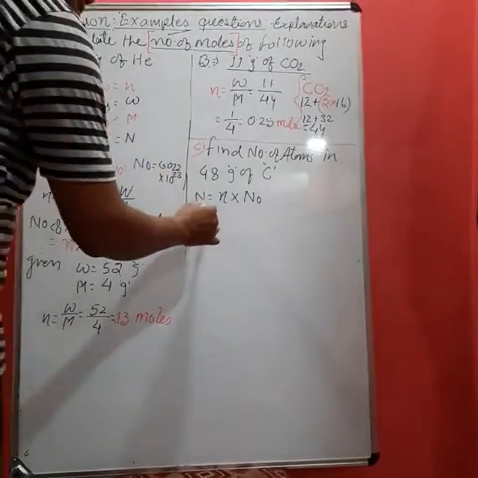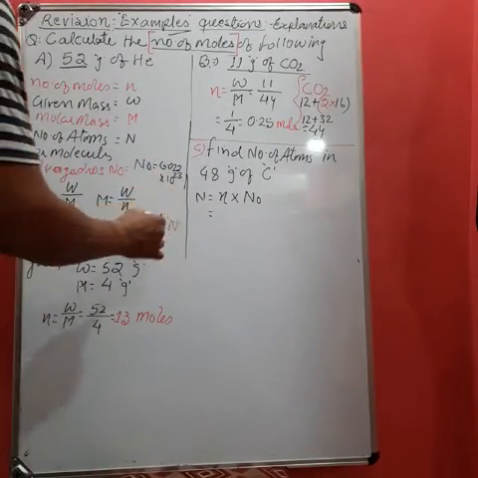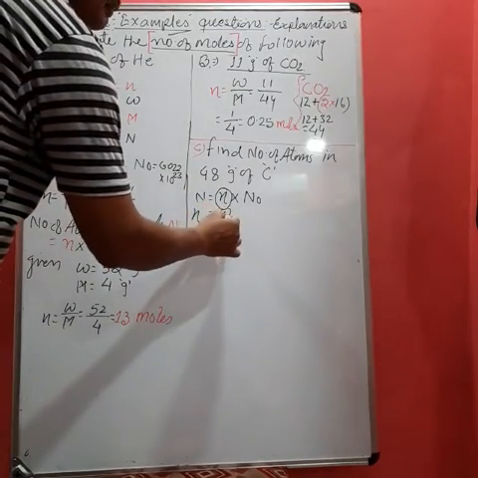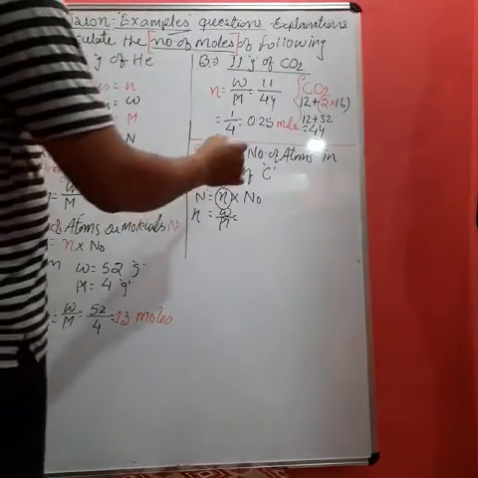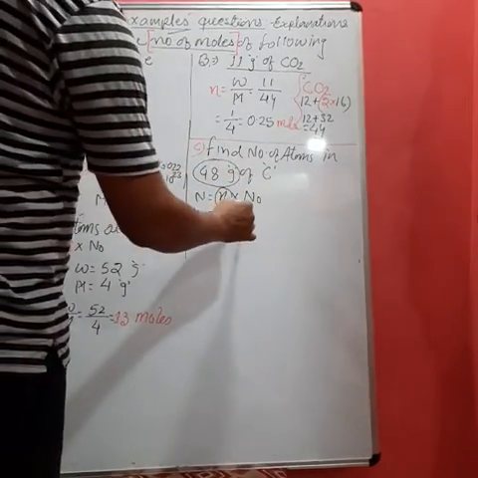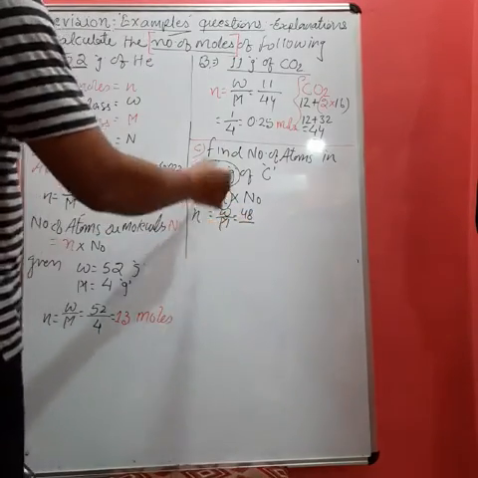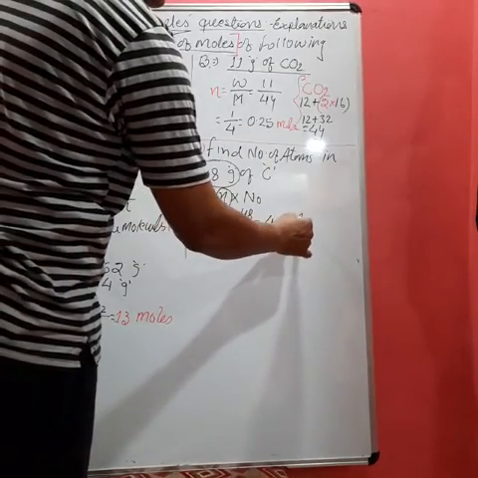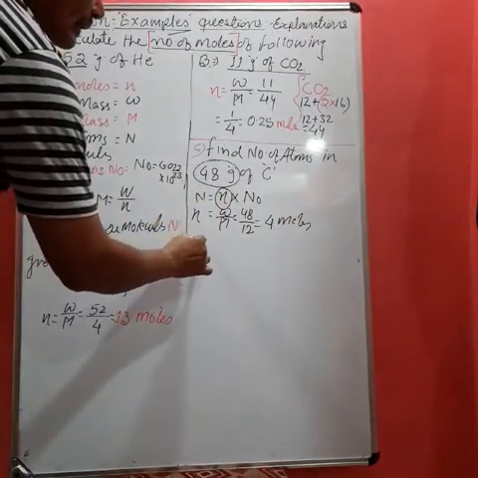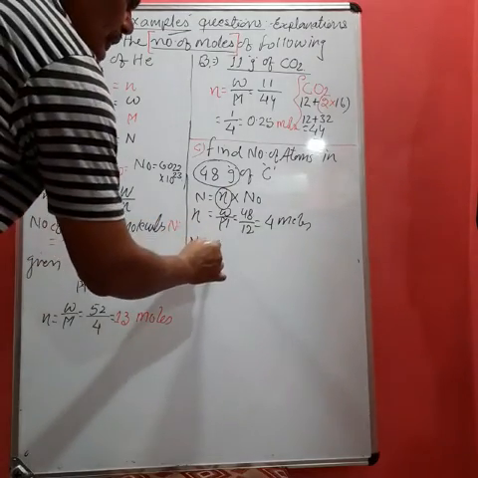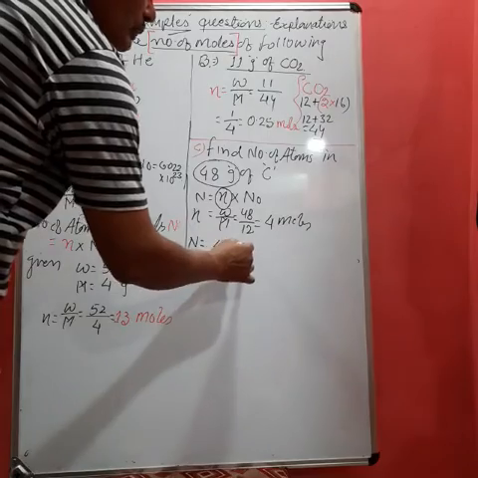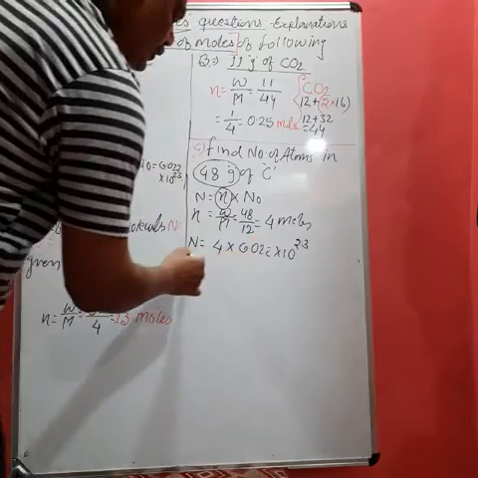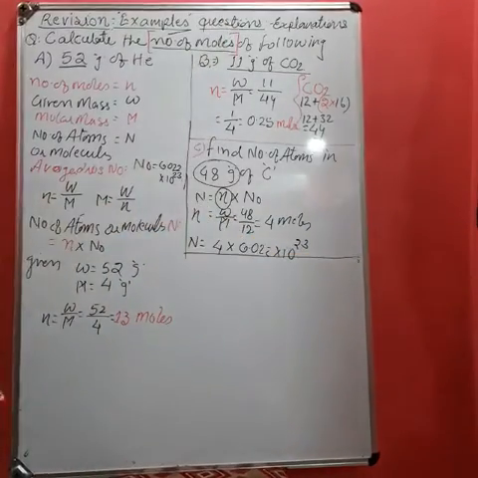Isn't it? Number of moles is not given. So what to do? First we have to find number of moles. Number of moles is equal to W divided by M. W is 48 gram of carbon. So write here 48 divided by molar mass of carbon, which is 12. So that becomes 4, and write moles. Now N is equal to number of moles, which is 4, multiplied by Avogadro number, 6.022 into 10 to the power 23. When you multiply it, you will get the answer.